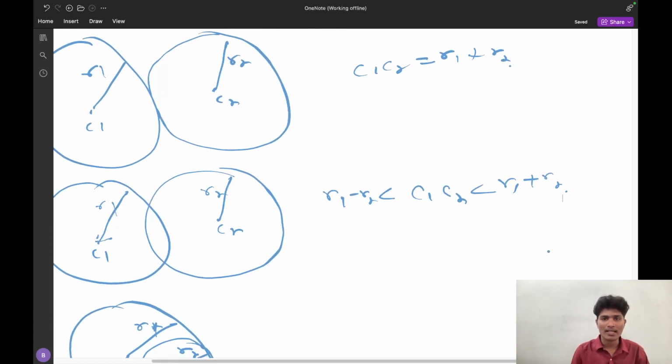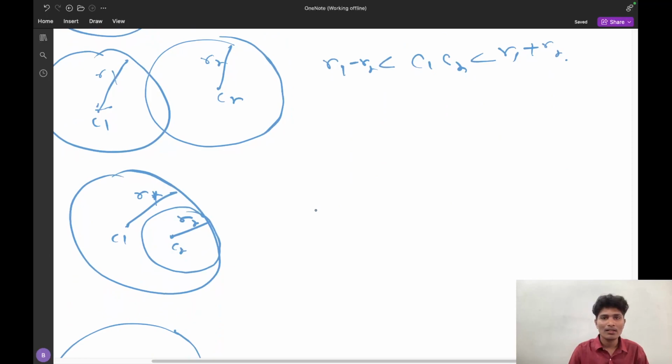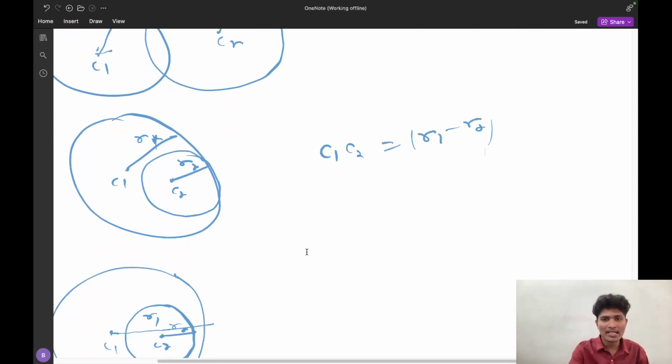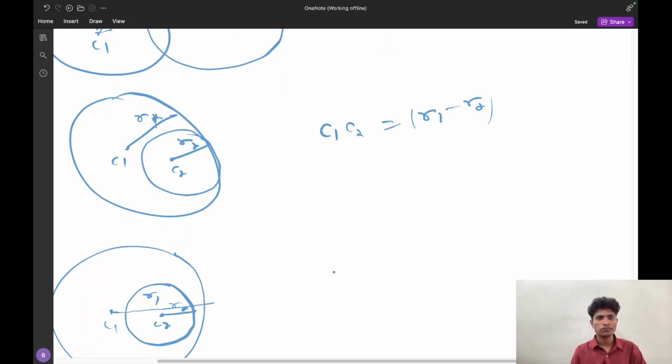Yes, in this case. And the fourth case we can think of, the center distance is equal to the difference of the radii. And the fifth case is if the center distance is less than R1 minus R2.